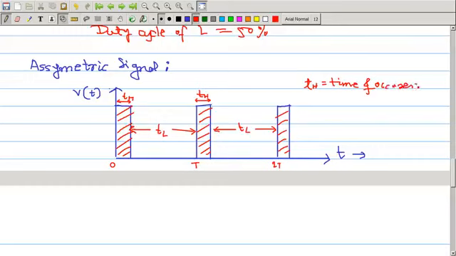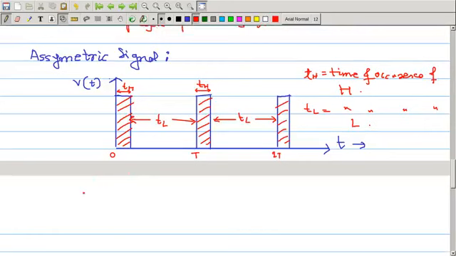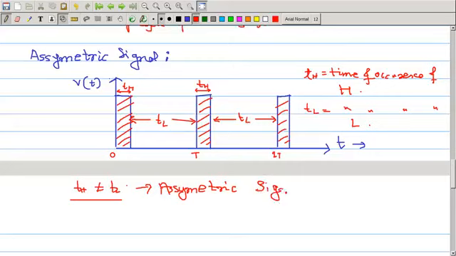At the time of the exam you mention what H is: H means high, and TL equals the time of occurrence of capital L. You see that TH and TL are unequal, and this type of signal is called an asymmetric signal. Asymmetric means there is no symmetry, no parity between the two, so I will call it an asymmetric signal. This is how I define an asymmetric signal.